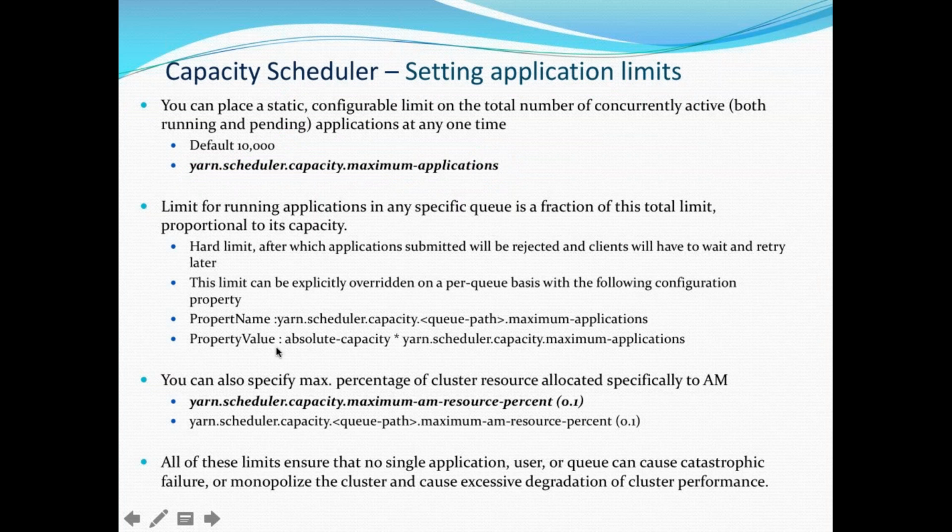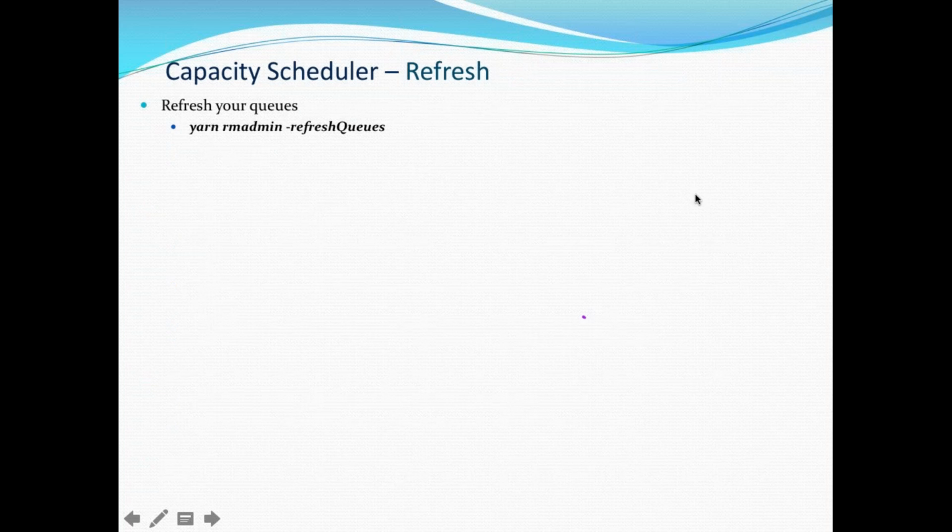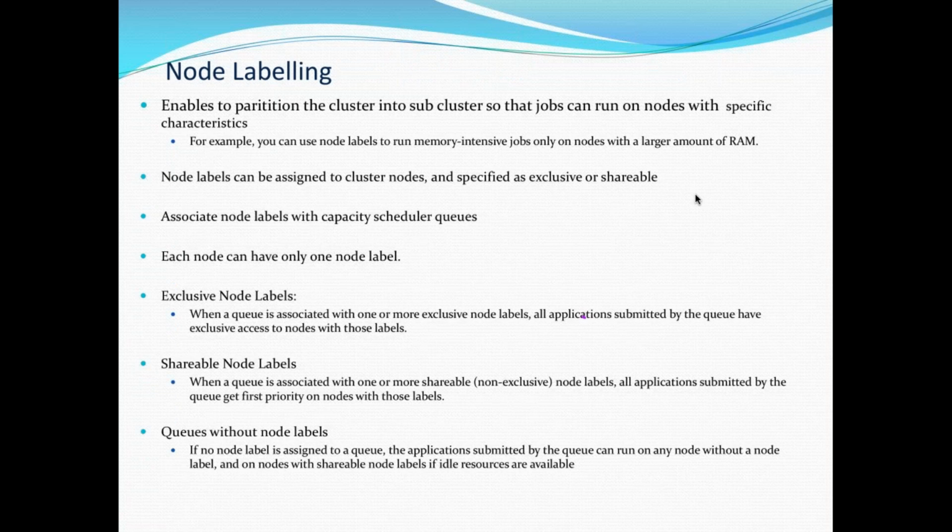Once you define it, you can see these properties, but they are not of much importance. Then you refresh your queues and you will see that your queues will be created, and then we'll see how to submit the map-reduce job. That's one aspect of the capacity scheduler.